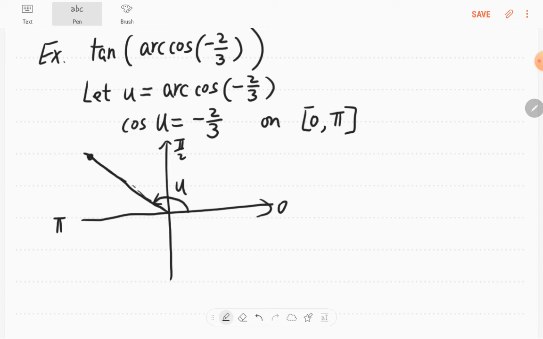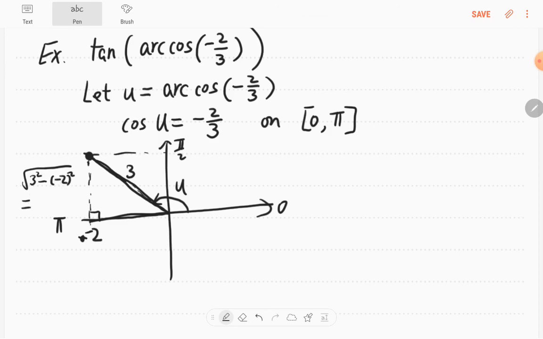We have this point on the line, which corresponds to the negative 2, and the distance is 3. So what is the corresponding y value? We can treat this as our right triangle and use the Pythagorean theorem to get the distance, which is the square root of 3 squared minus negative 2 squared.